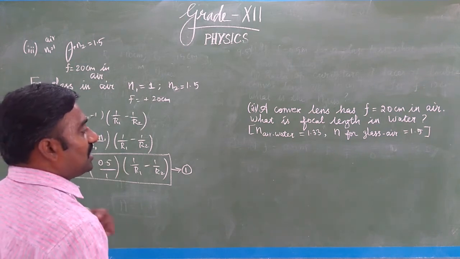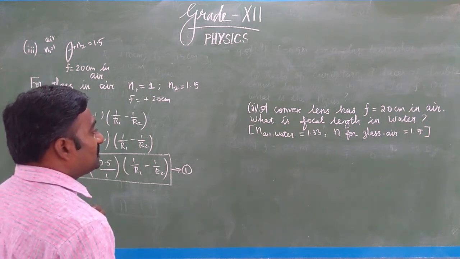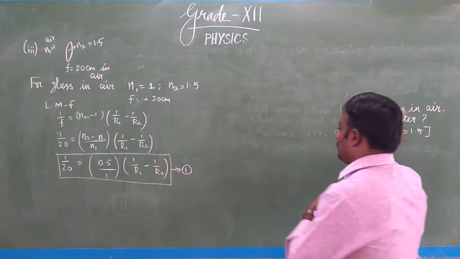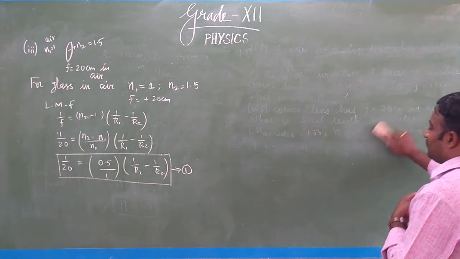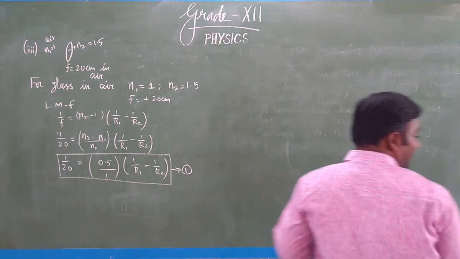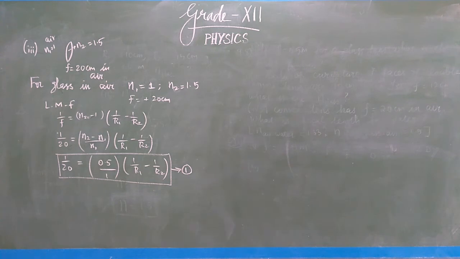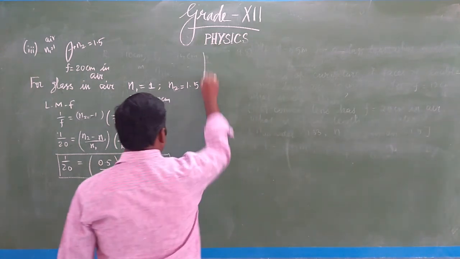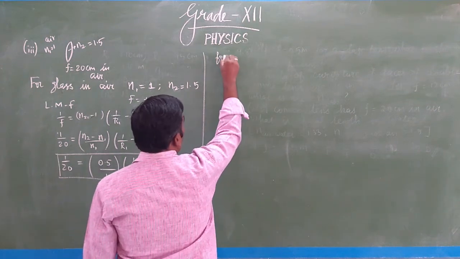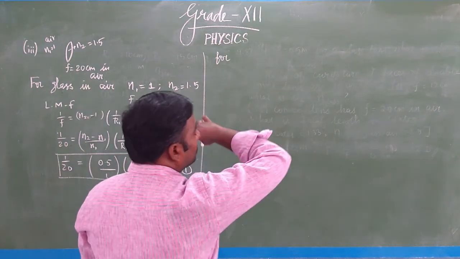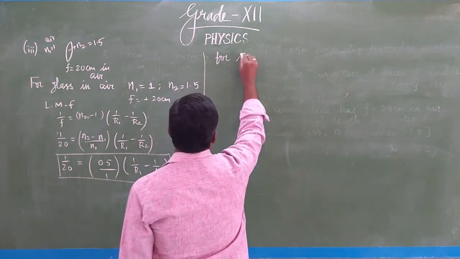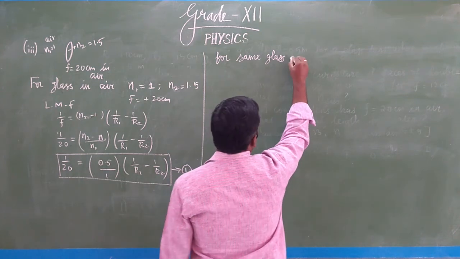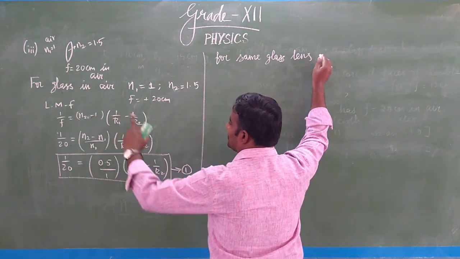Similarly, now the convex lens is placed in the water. By placing this in water, what would be the final formula? Using the two formulas we can get the solution. The first was for the glass lens in air.